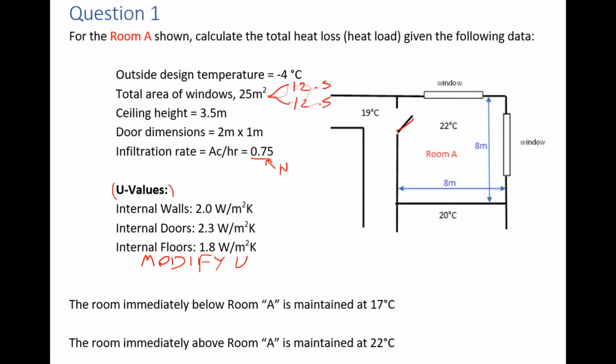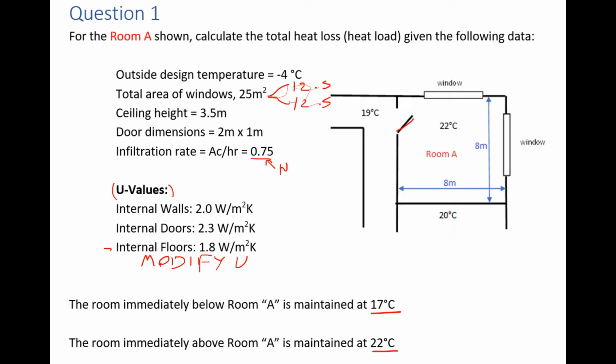Okay, next it tells us the room immediately below room A is maintained at 17 degrees Celsius, and the room immediately above room A is maintained at 22 degrees Celsius. So this means that the floor to room A will be an internal floor, and the ceiling will be an internal ceiling. You might notice that we have an internal floor U value, but there's none for an internal ceiling.